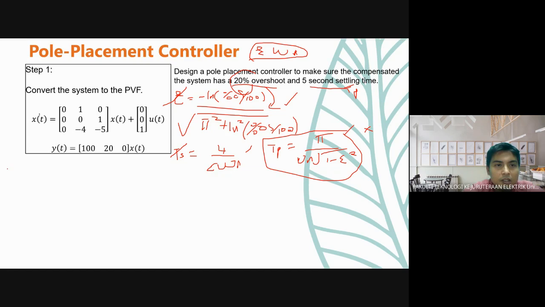Okay, so firstly, please calculate the damping ratio. What is the damping ratio value? You can use your calculator. I will also calculate the value and see what the result is. 20 divided by 100, ln answer, divided by square root of pi squared plus ln squared answer.